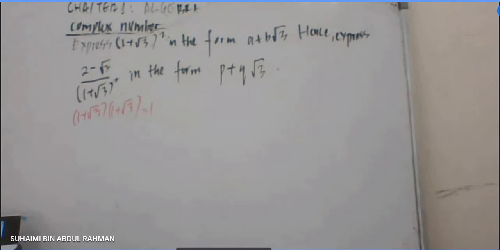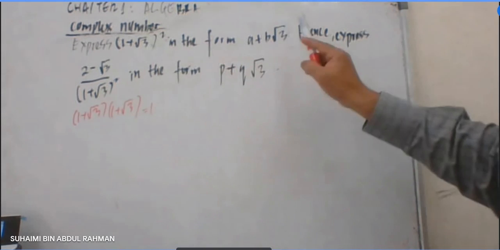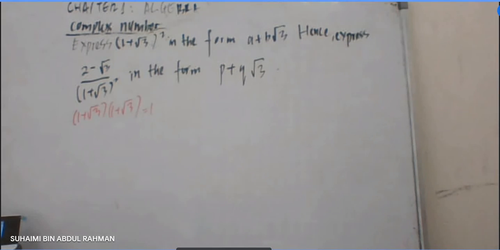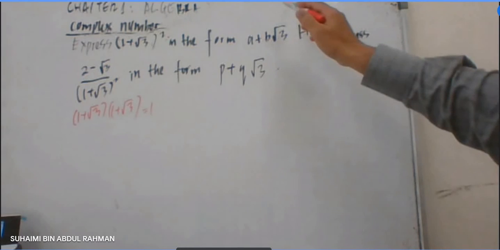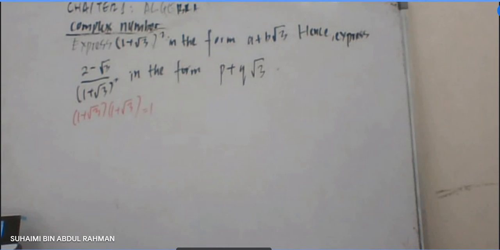On the first step, we want to write this in the form a plus b square root of 3, and then whatever answer we have here, we can put there.